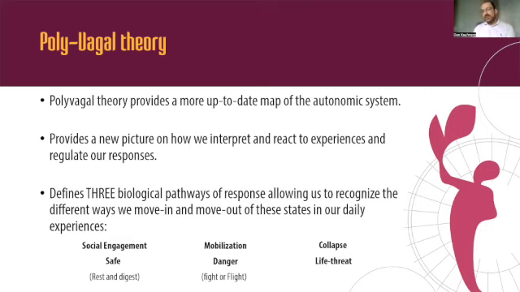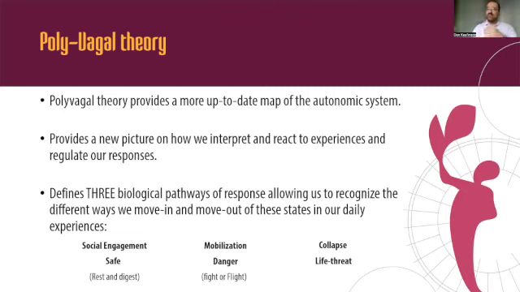When the danger is too much and we feel as if we don't have enough resources to deal with the danger at hand, the autonomic system goes into a collapse, when we are completely shut down. And in that form, the system is pretty much conserving energy by having us completely shut down.